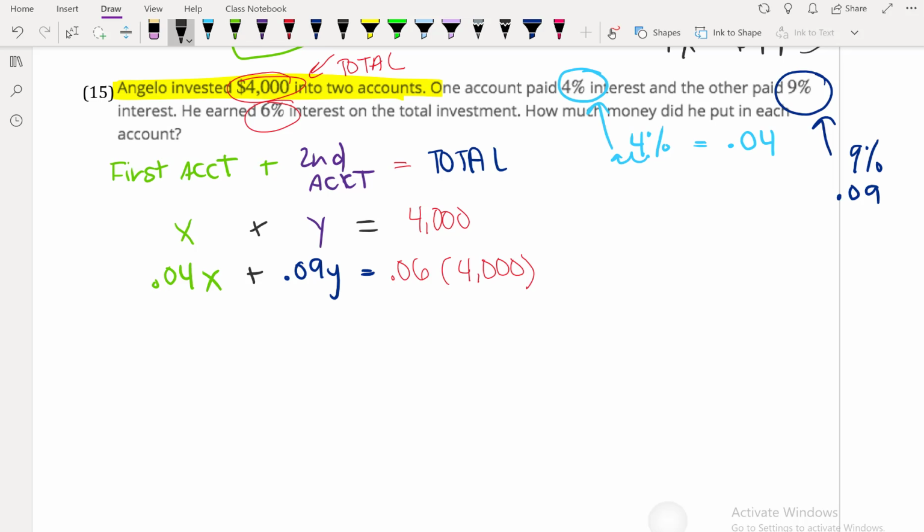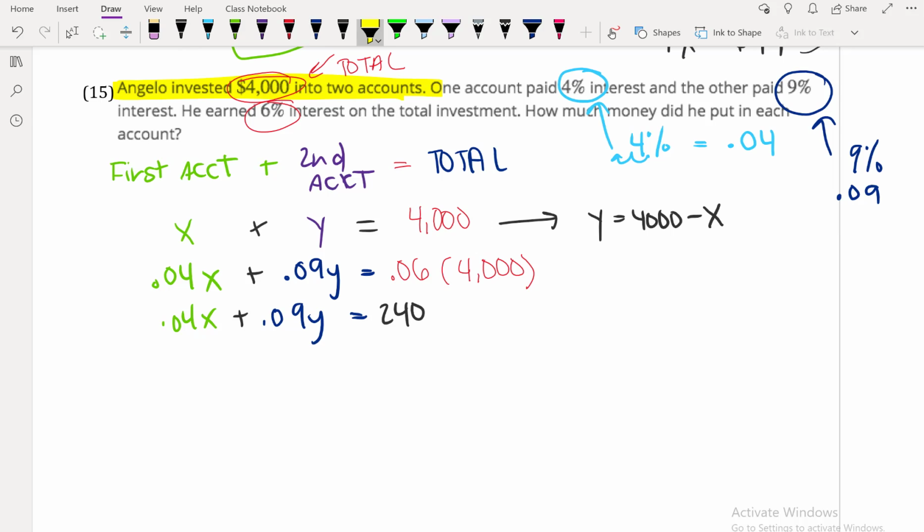What I can do here is make that second line a little bit nicer just by multiplying. So I really have 0.04x plus 0.09y, and it's equal to 0.06 times 4,000, which is 240. So now I'm going to get one of these variables by itself. Let's say y. So y is equal to 4,000 minus x.